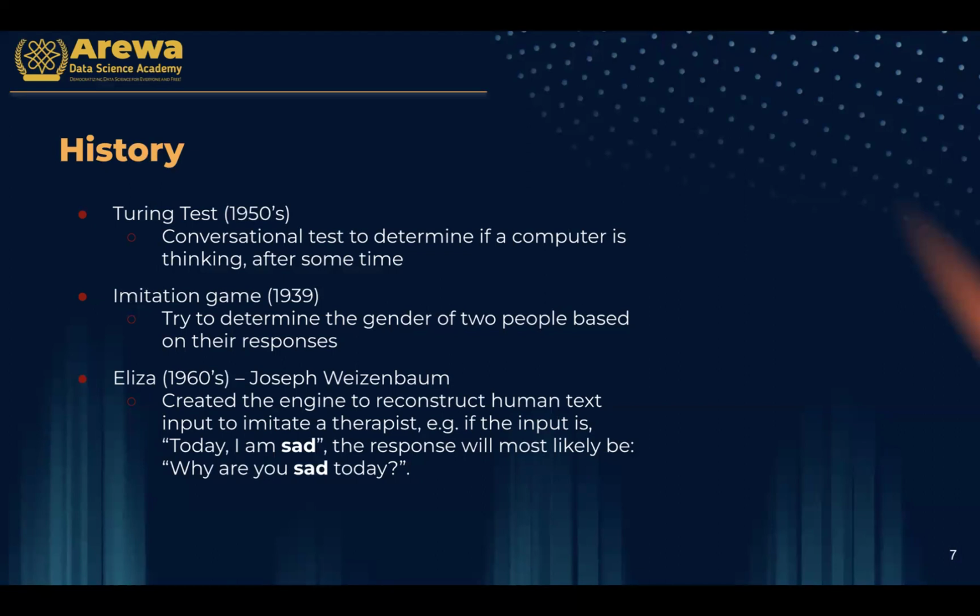So you need the computer to be able to perform in a way that you can't even determine whether this is a computer or a human being. Whenever a computer or a model tries to satisfy this, we can say, yeah, now we are in a position to see a computer that thinks like a human, and we say this computer passes the Turing test.